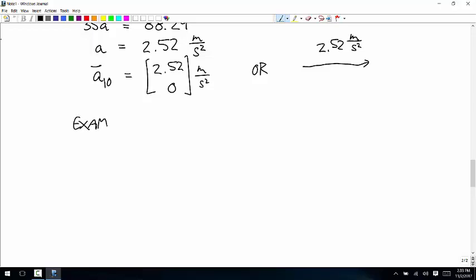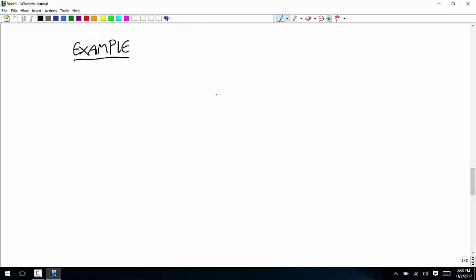Okay, so say that we have a ramp that makes a 10-degree angle with the horizontal. And there's a block on the ramp.